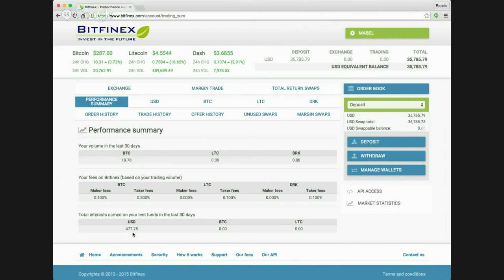So yeah, that was a very short presentation on how to use BitFinex. Their platform is very, very stable. The guys have been in the market for a long time, since 2013 for Bitcoin. The good thing about CoinBR and BitFinex is that we have a very straight relationship, and we talk on a weekly basis.